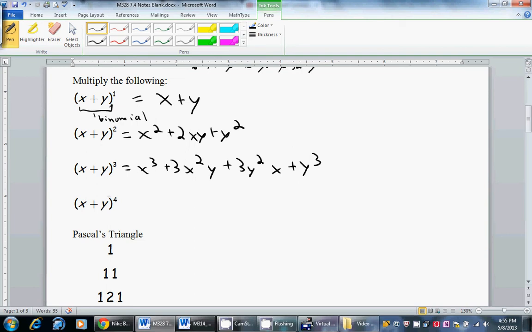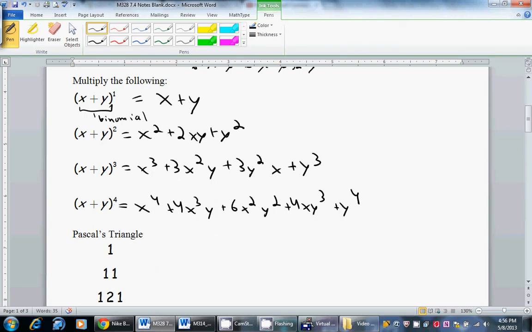And now x plus y to the fourth, I could take my answer for x plus y cubed and multiply this by another x plus y, and what I would get is x to the fourth plus 4x cubed y plus 6x squared y squared plus 4xy cubed plus y to the fourth.